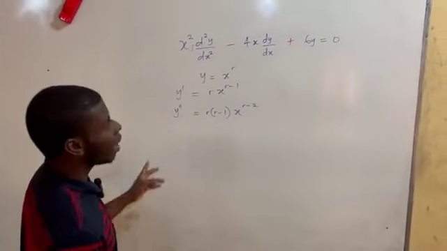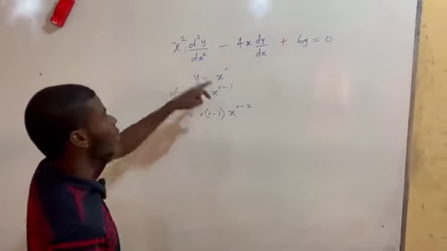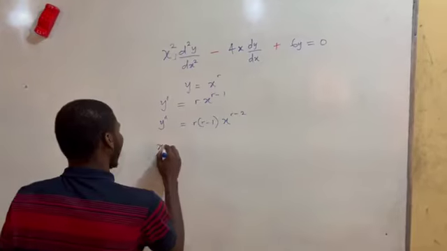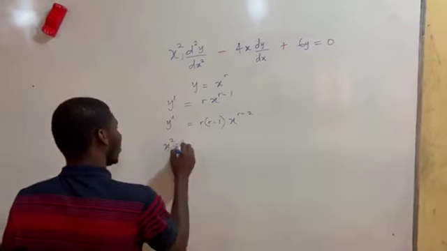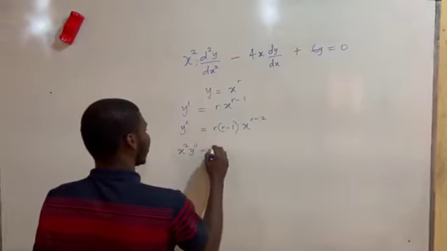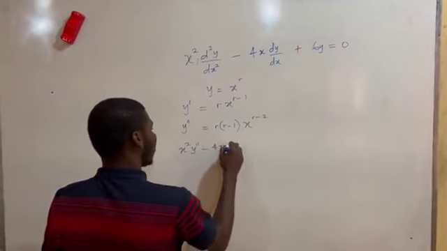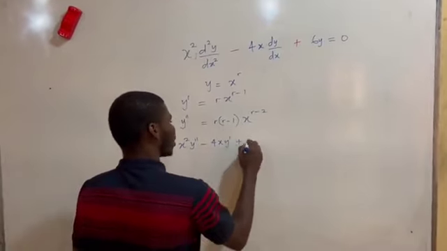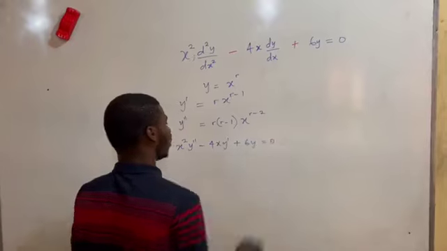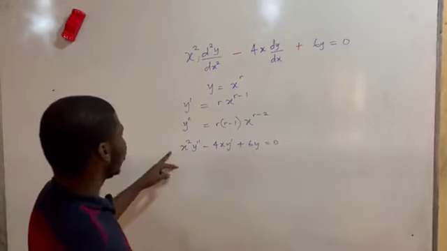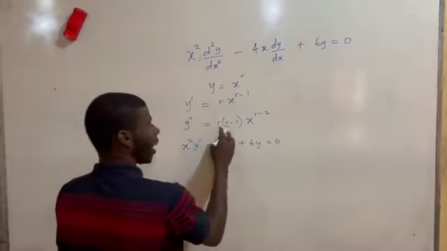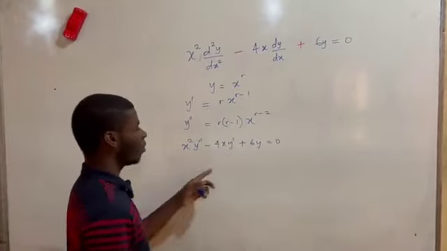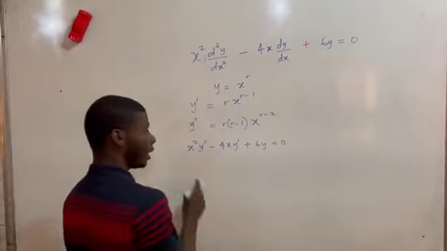Now you can observe that you can also rewrite this original equation as x squared y double prime minus 4x y prime plus 6y equals 0. Now I need to plug in the expressions for y double prime, y prime, and y into this new equation.